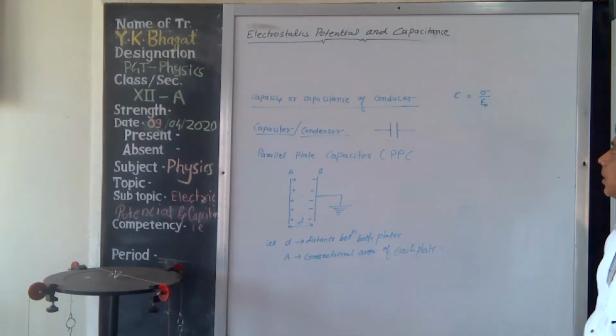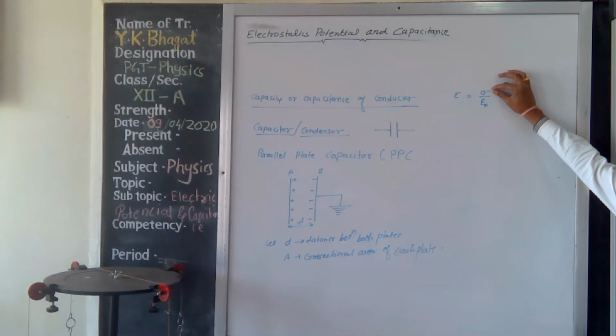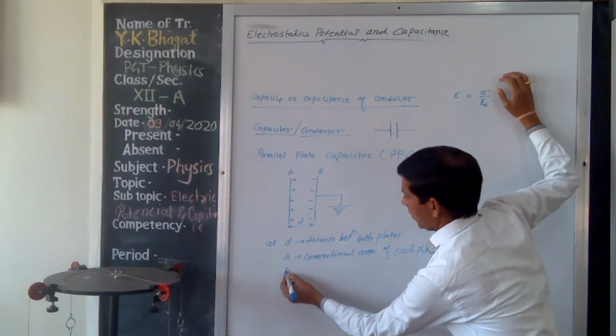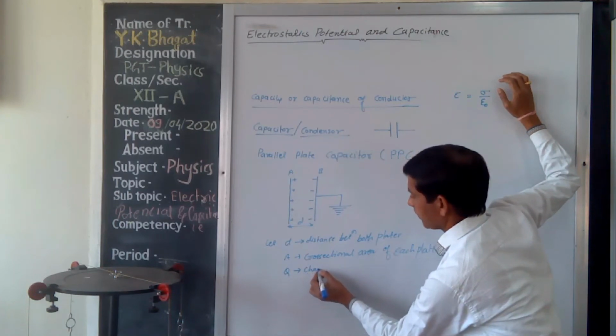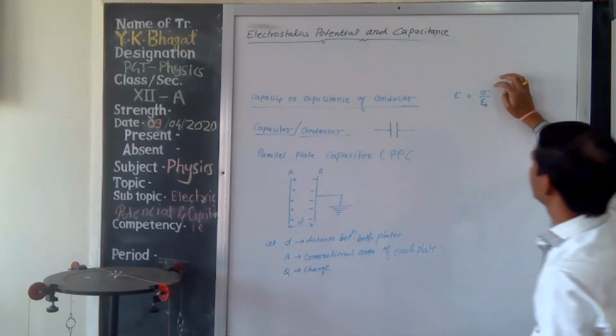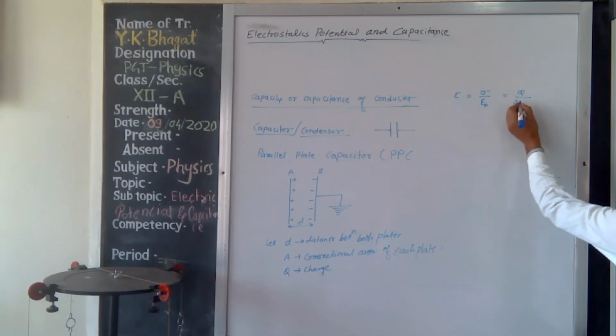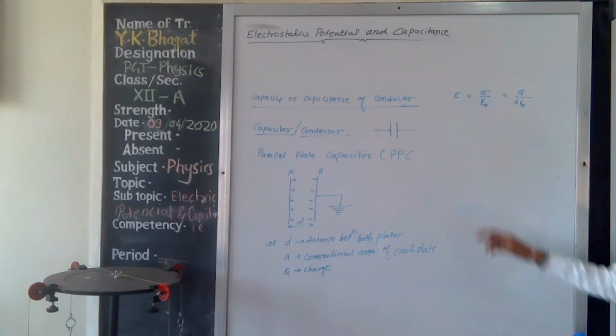Sigma is the surface charge density. Suppose Q is the total charge, then sigma will be Q upon A, so E equal to Q upon A epsilon naught.